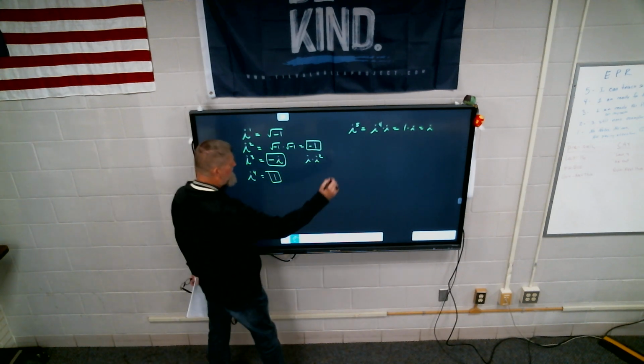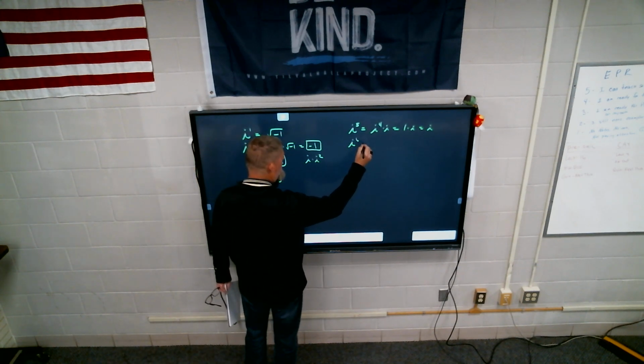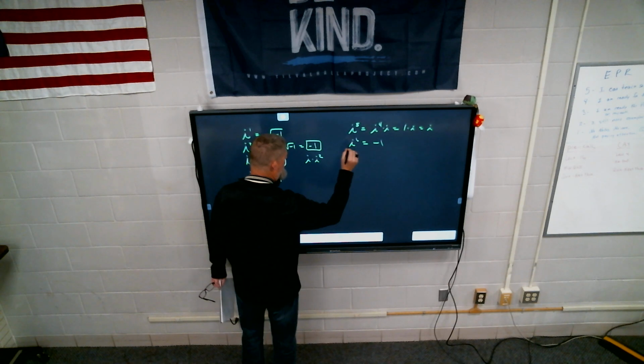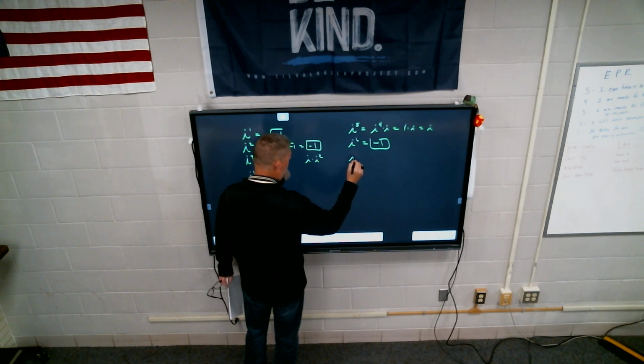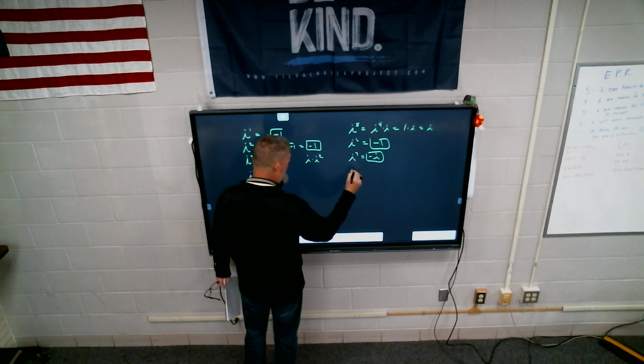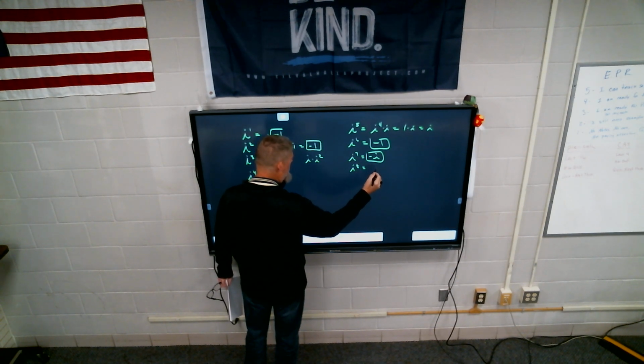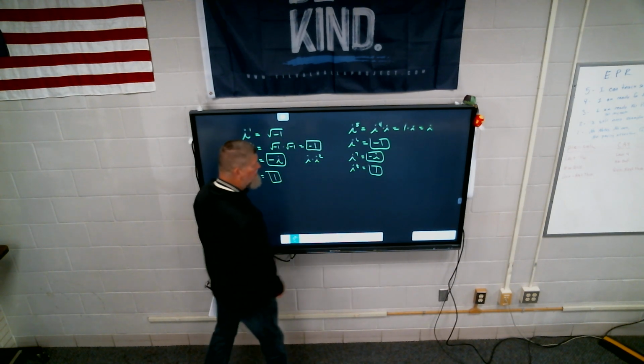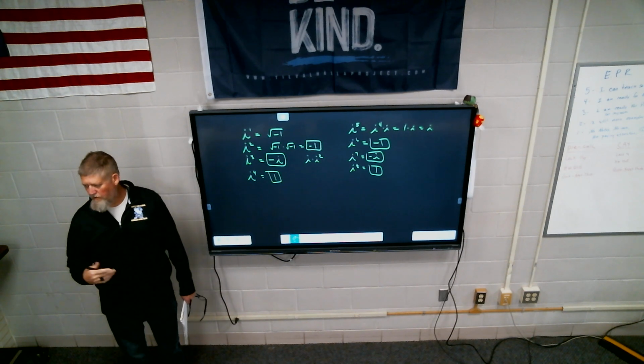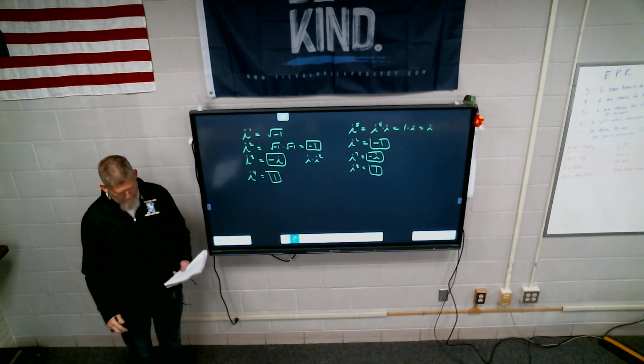Then i to the sixth is -1, the same as i squared. I to the seventh is negative i, and i to the eighth equals 1. It just continues that cycle over and over again.